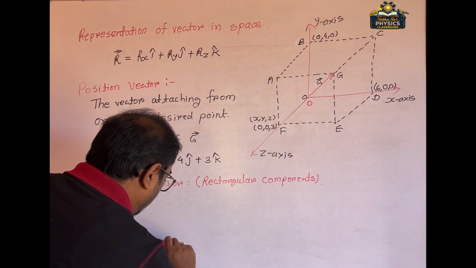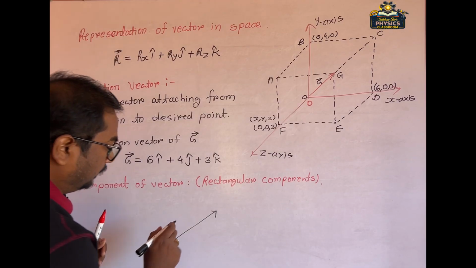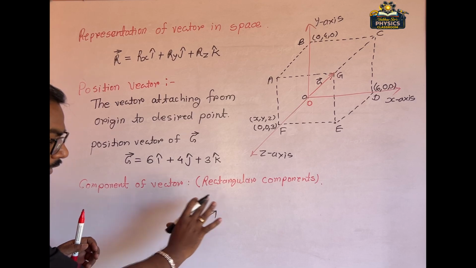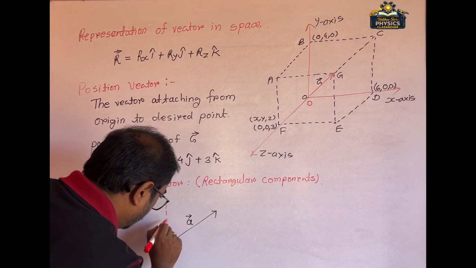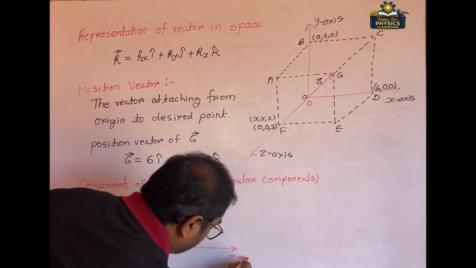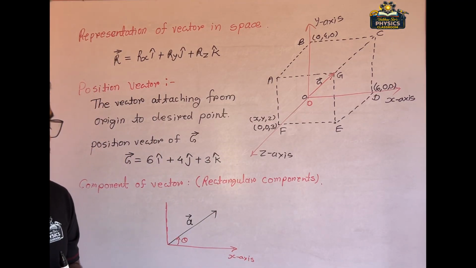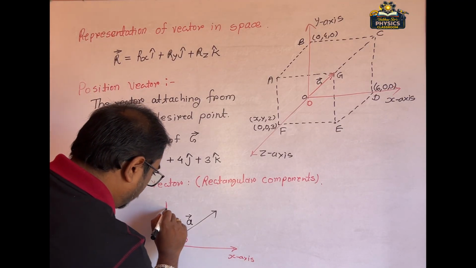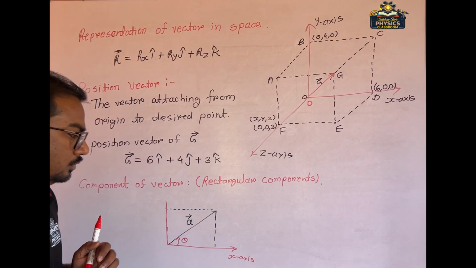If I take any vector, just like that, I am taking the A vector. But this A vector is making some angle theta with the x-axis, right? So if I make one triangle, or rectangle, just like that.